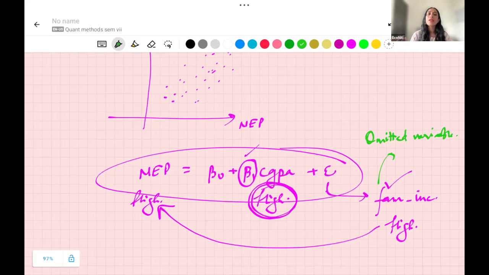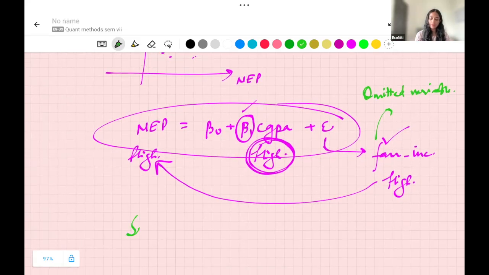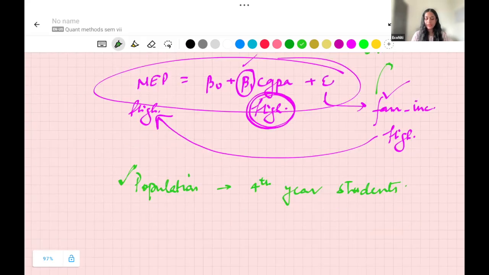Let's look at another example. Suppose your sample, or rather your population, is fourth year students, where you see whether NEP improves your job prospects, right?